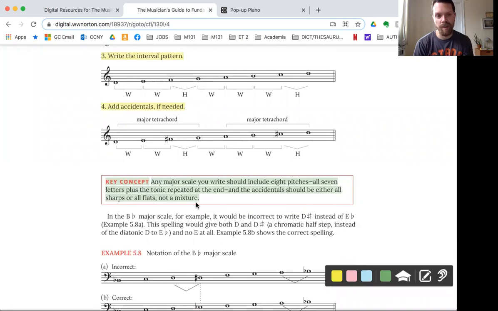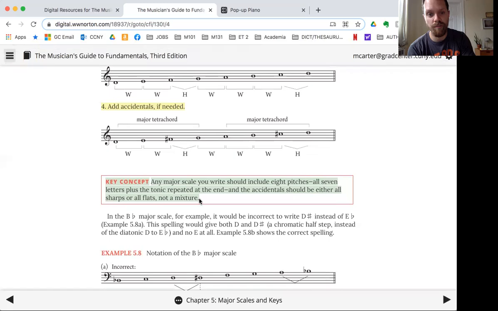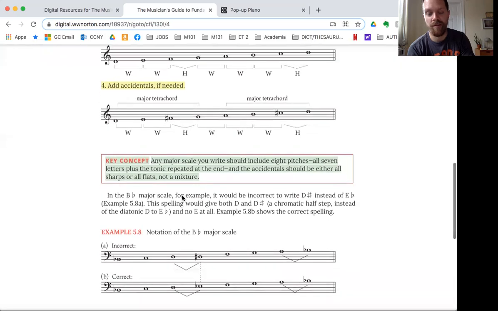And the key concept here is that any major scale you write should include 8 pitches, all 7 letters plus the tonic repeated at the end, right? So it's 7 different letters with the first and the last being a repetition of the letter, D and D. So all 7 letters need to be used plus the tonic twice, and the accidentals should be either all sharps or all flats, not a mixture.